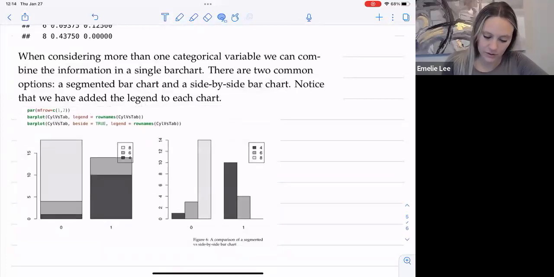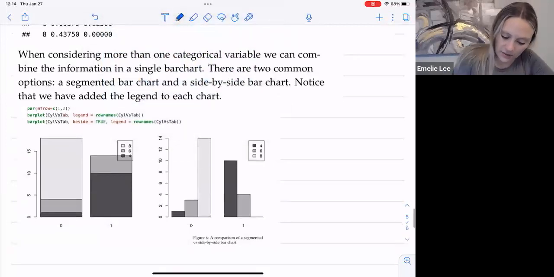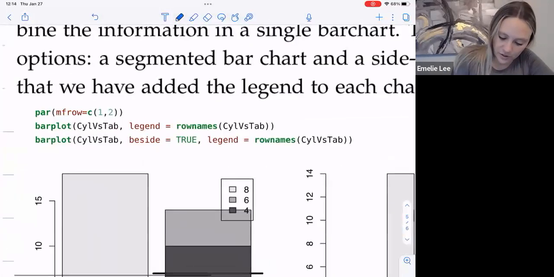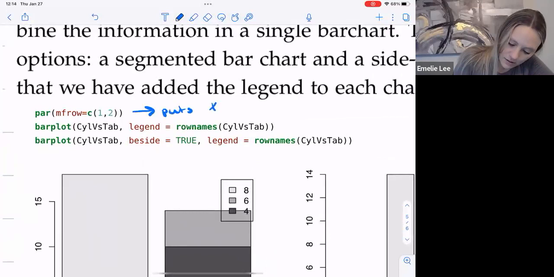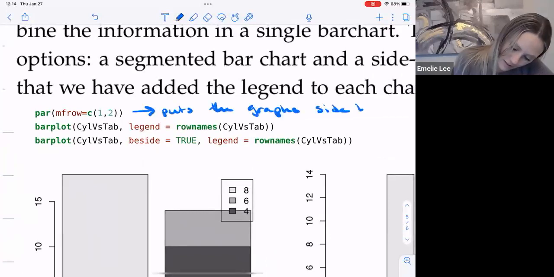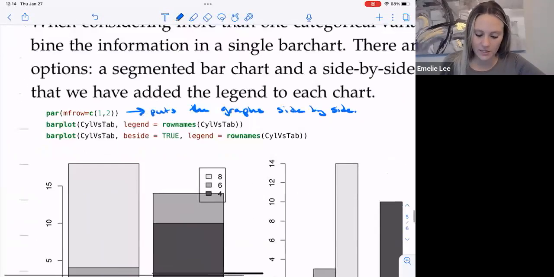I've shown you the code for doing it. Just as a note, the par mfrow here, don't be scared off. This just puts the graphs side by side. Nothing crazy there.